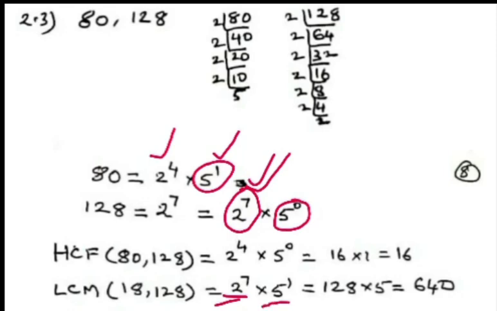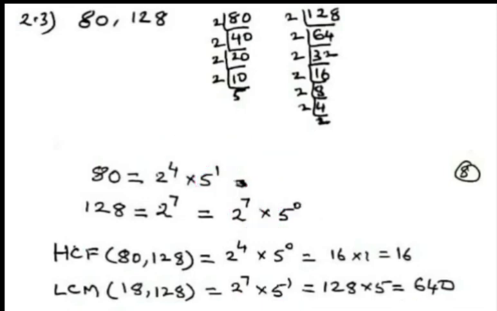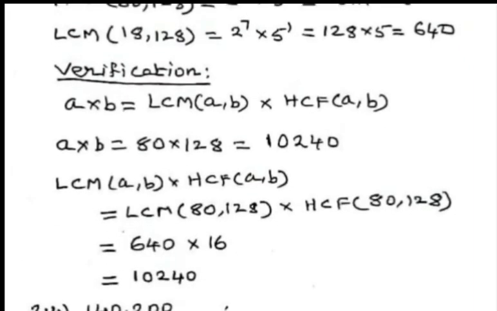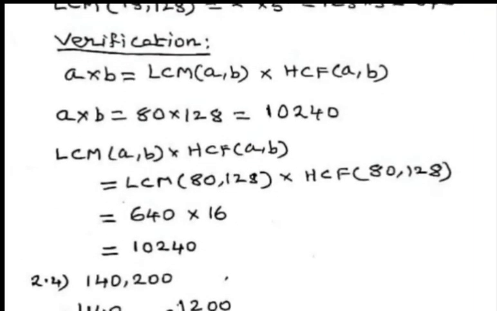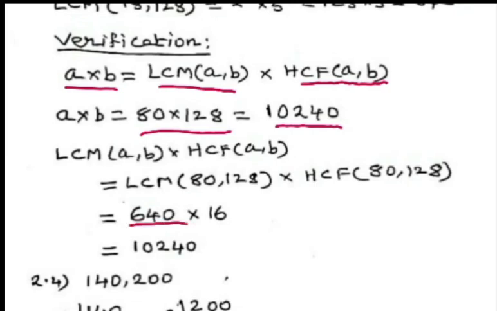We note down 2 power 7 multiplied by 5 power 1, so we get 640 as LCM. Now the verification part. The product of two numbers is equal to LCM multiplied by HCF. The product of the numbers is 10,240. LCM is 640, HCF is 16. The product is 10,240. So it is verified.